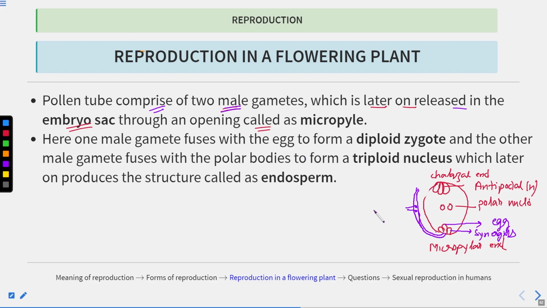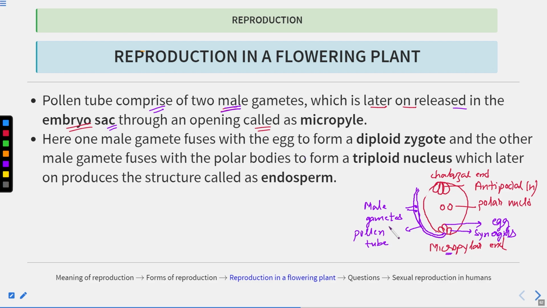So these are the two male gametes, and they enter into the embryo sac through the micropylar end. So it is saying the pollen tube, which comprises the two male gametes, is released into the embryo sac through an opening known as the micropyle. So this, you can say, is the pollen tube.